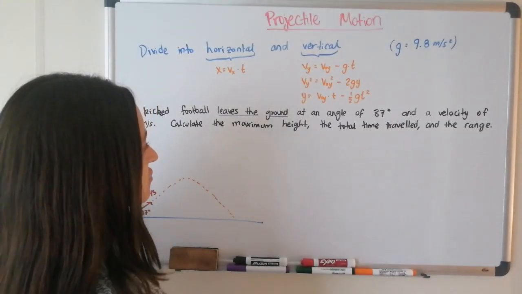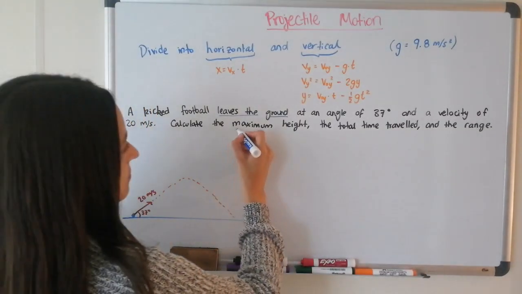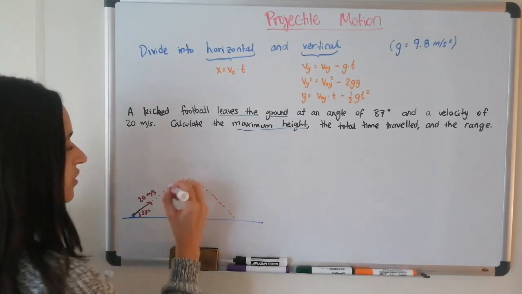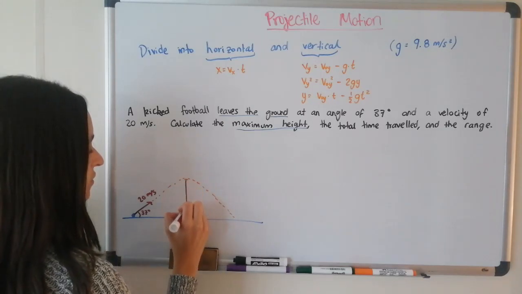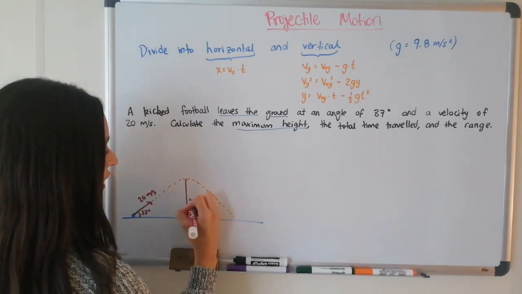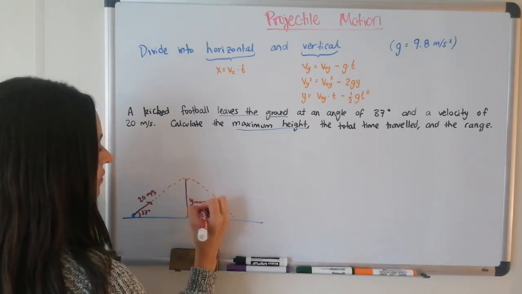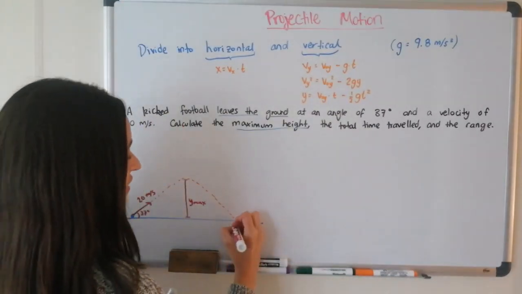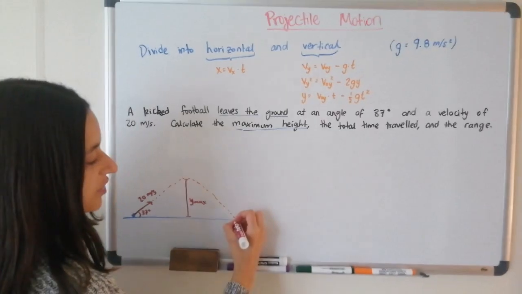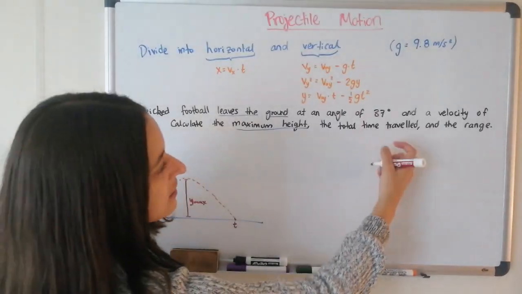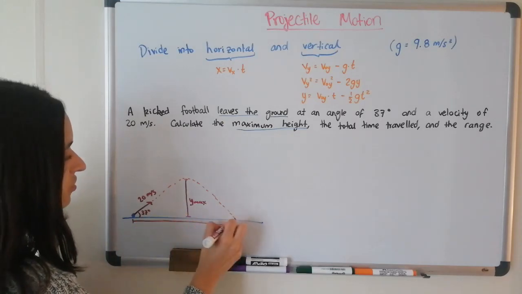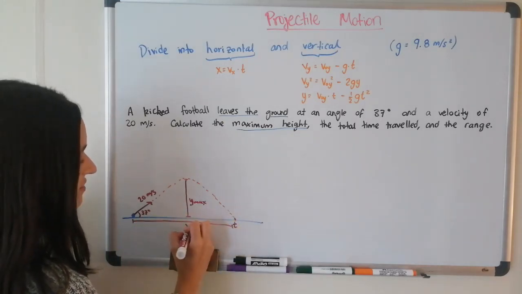So what we're being asked for is to calculate the maximum height, which means this vertical displacement here, the y max, the total time traveled, so the time that it takes t at this point down here, and the range, which is the horizontal displacement, x.